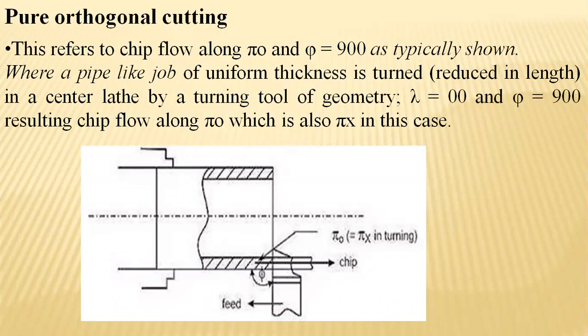Hence, the tool geometry, without deviating the inclinational factor lambda equal to 0 and maintaining the tool contact to the work part at exactly 90 degrees, results in the chip flow along phi naught, which is also called phi x. That is obtained in the turning process.